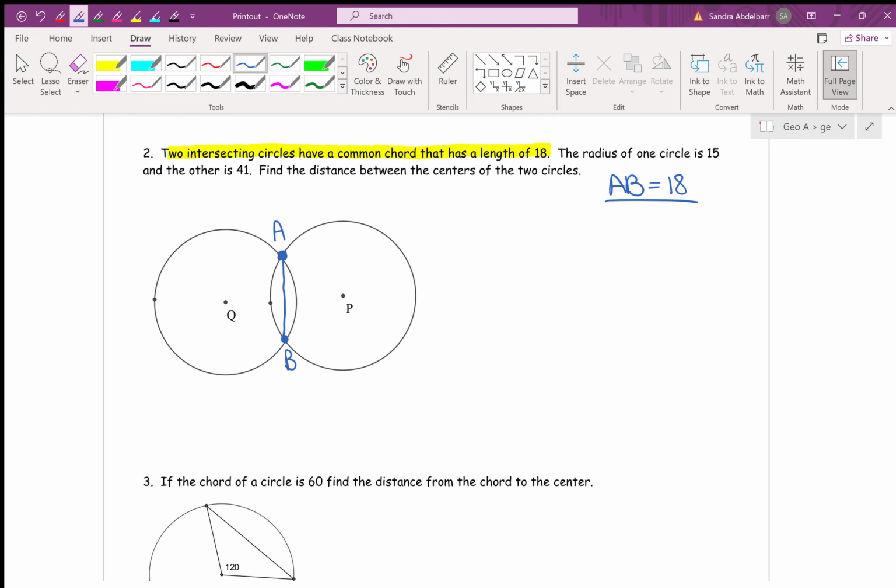But now I need to draw my radii very strategically here because that's going to determine how I proceed with this problem. I'm going to draw my radius from Q to the common chord. So from Q to A and from Q to B. And I know that has a radius of 15.